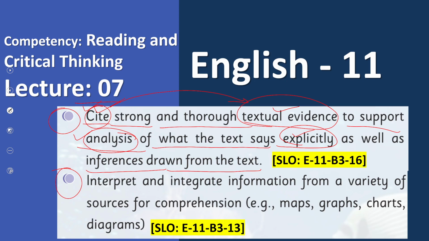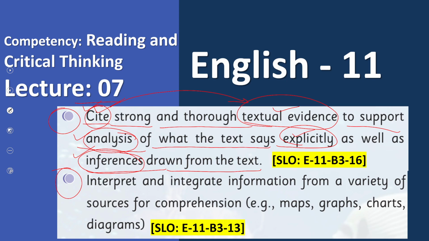It means openly mentioned in the text, which you can easily quote or cite, and use as reference, as well as the inferences. You need to find out the hidden meaning. You have to do analysis deep down to hunt down the point that is being discussed implicitly. So this works both for explicit and implicit information hidden in the text.